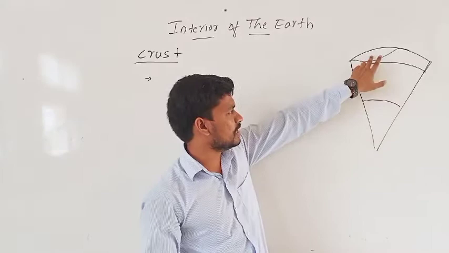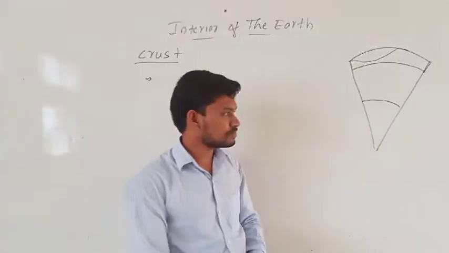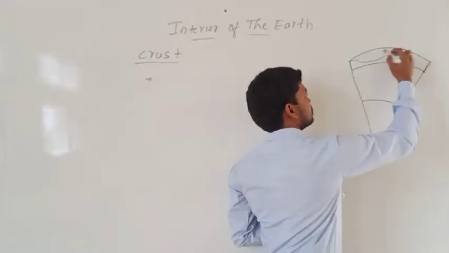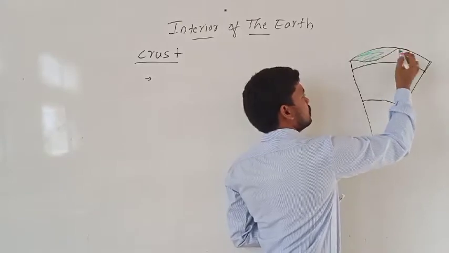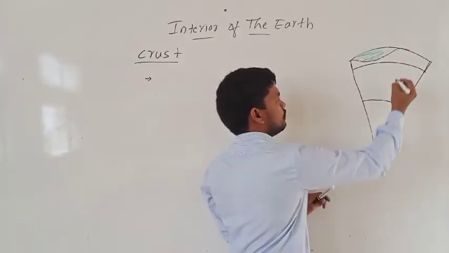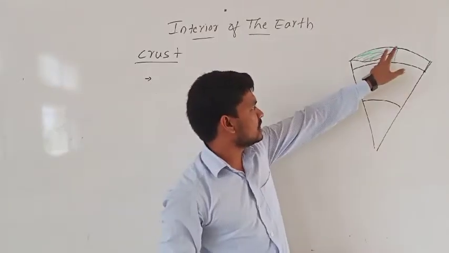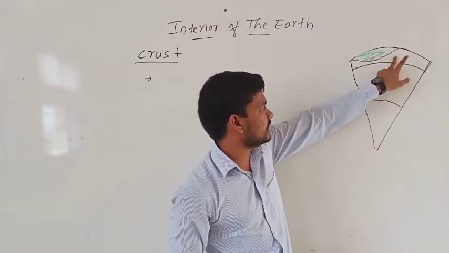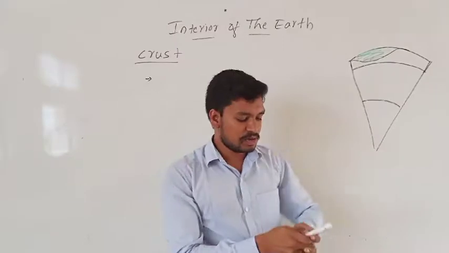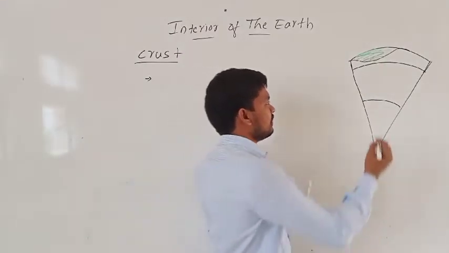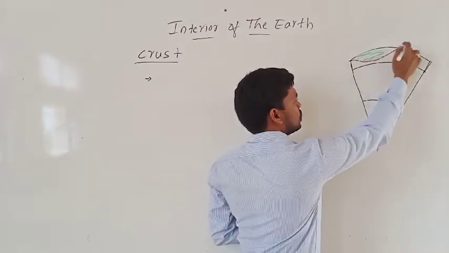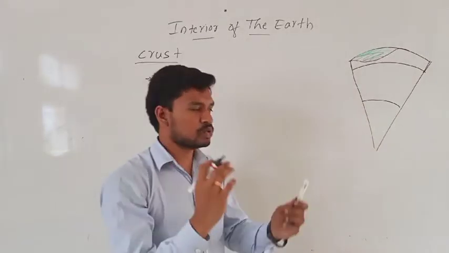So here also, in between this oceanic crust, suppose it's ocean, the bottom of the ocean is oceanic crust. So here oceanic crust and this continental crust have a division. The discontinuity divides the oceanic crust and continental crust into two separate things.